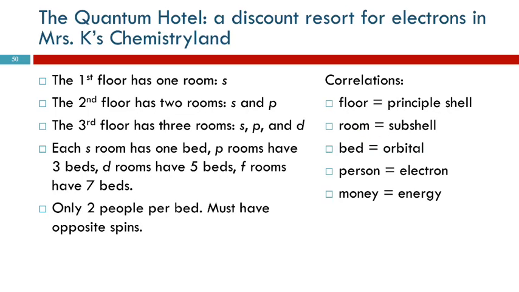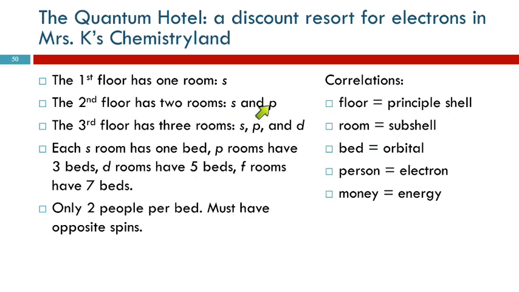So the first floor has 1 room, the second floor has 2 rooms, the third floor has 3 rooms, the fourth floor has 4 rooms. The fourth principal shell has 4 subshells. On this first floor, these rooms are given letter names. So there's the S room. On the second floor, there's 2 rooms, the S room and the P room. Third floor, S, P, and D.